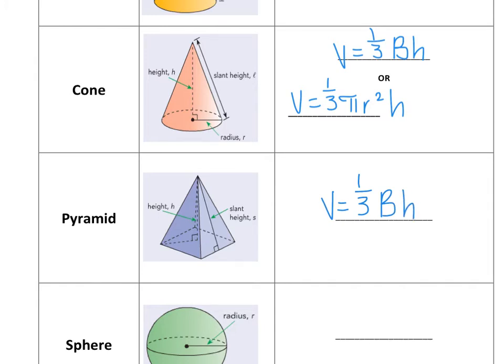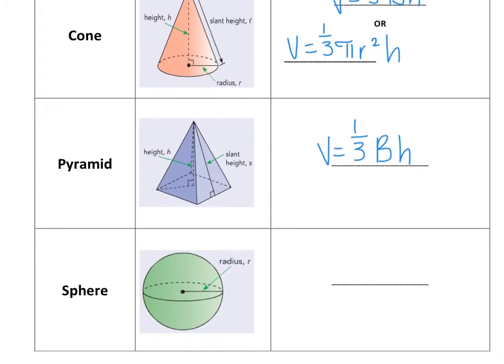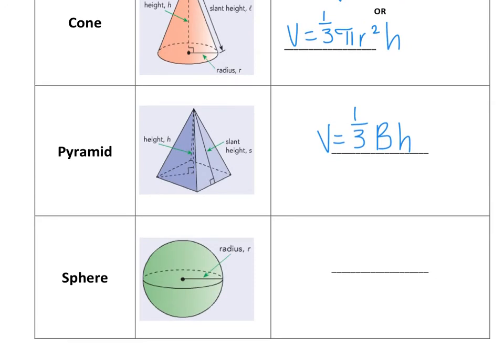So with this pyramid that we have right over here, the area of the base is a rectangle, and so it's going to be area of the rectangle by how high that pyramid is. And then we're going to cut it in a third. And then we're also going to take a look at a sphere. And a sphere is the volume equals 4/3 pi r cubed.